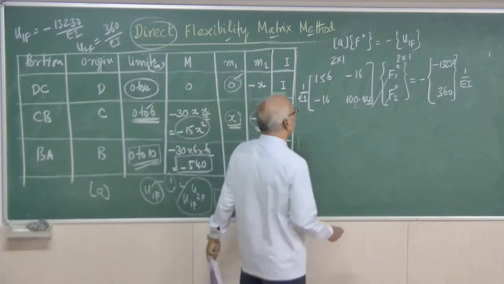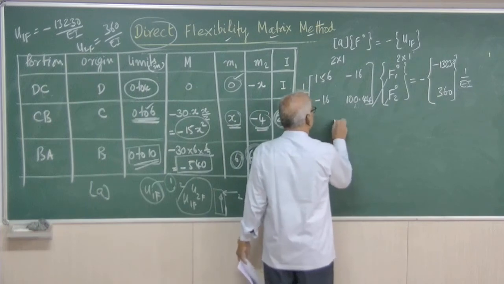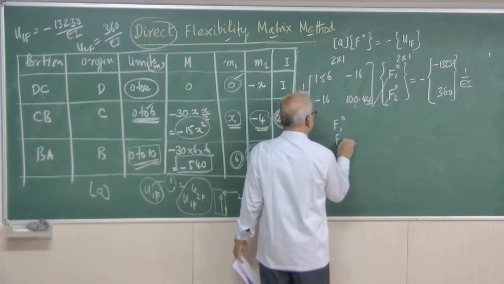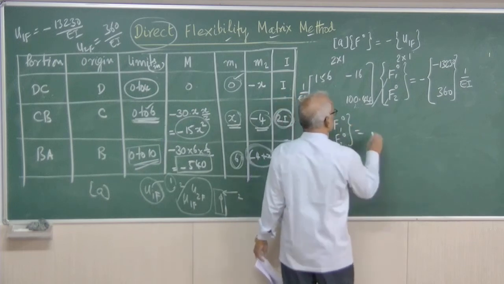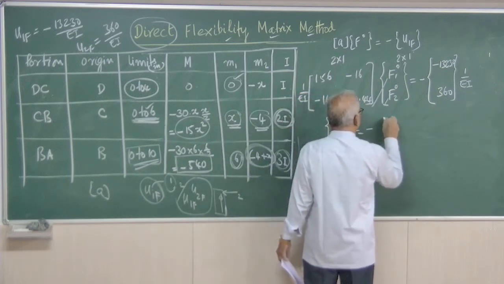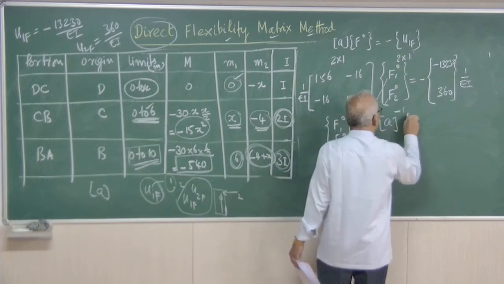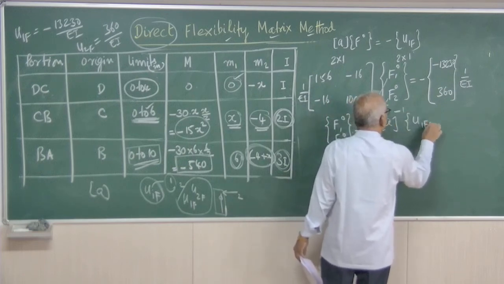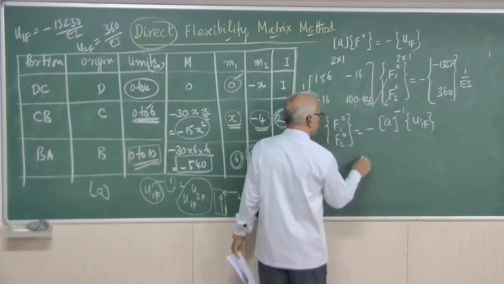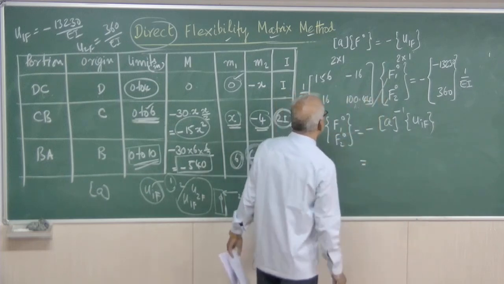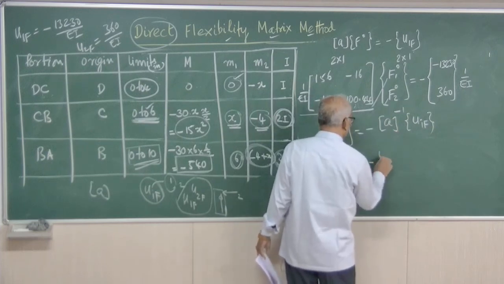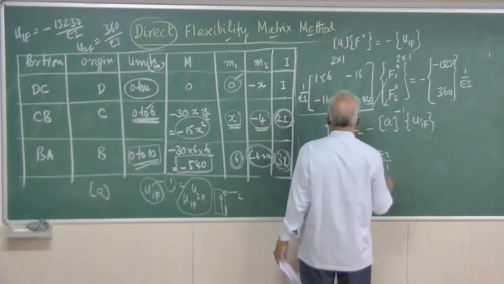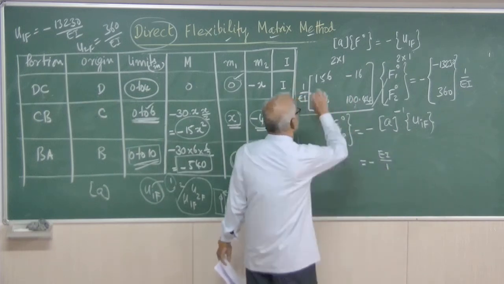Now, F1 naught, F2 naught equal to minus of A inverse into UIF. When this is taken to the right hand side, the EI becomes the numerator, minus of EI by 1 into the inverse of this.